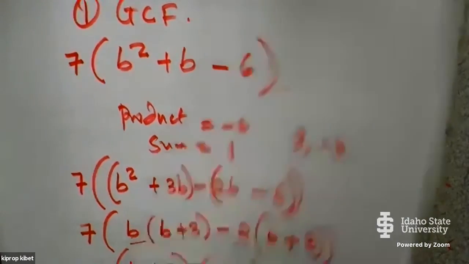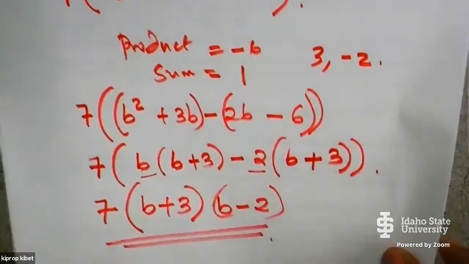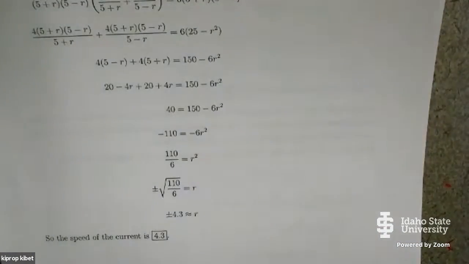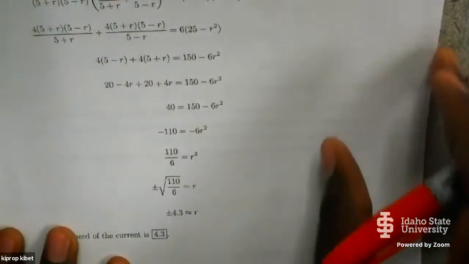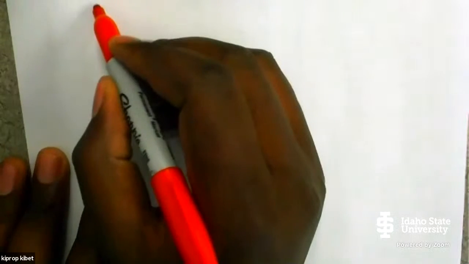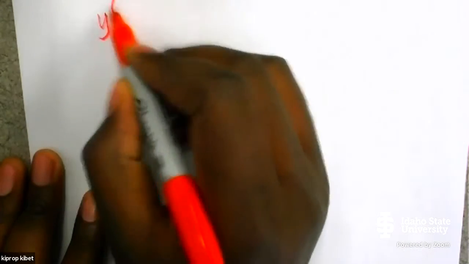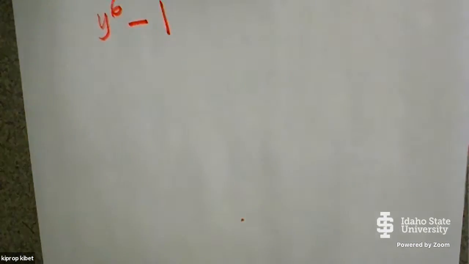Okay, let's continue. Hey, we are going slowly, huh? We finished that one, so if you have another one here: if you have y raised to 6 minus 1, then you're told to factorize that completely.